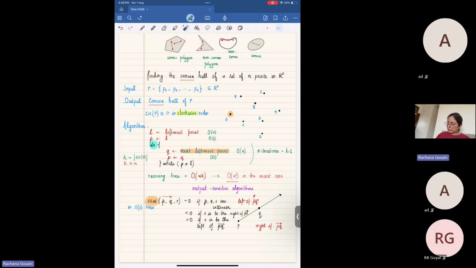Yes. So now let's see how we use this to find the next leftmost point. Coming back to this problem, we have all the points in an array.